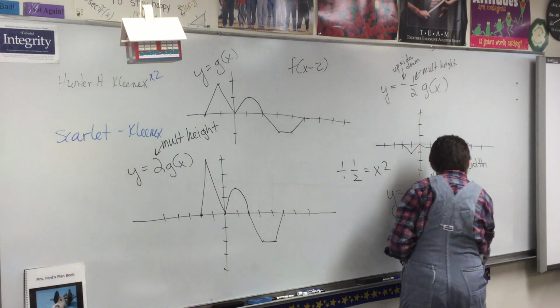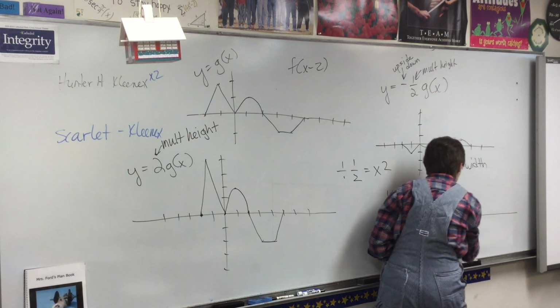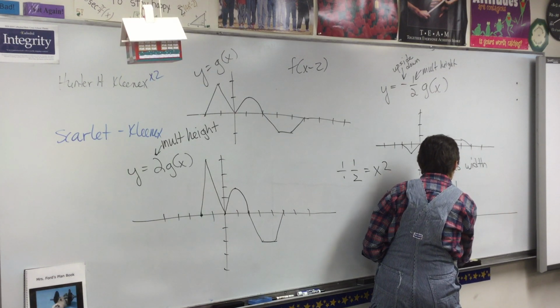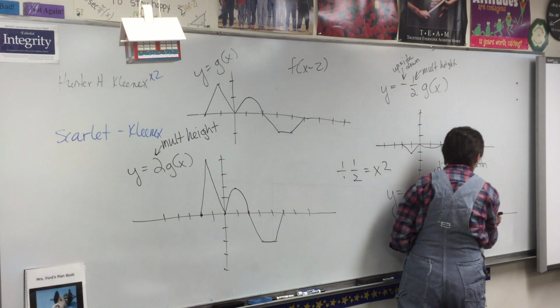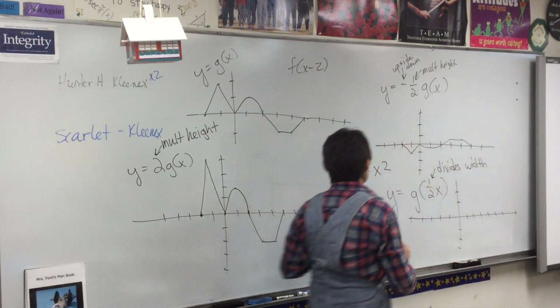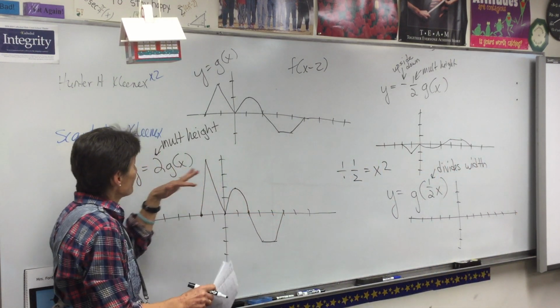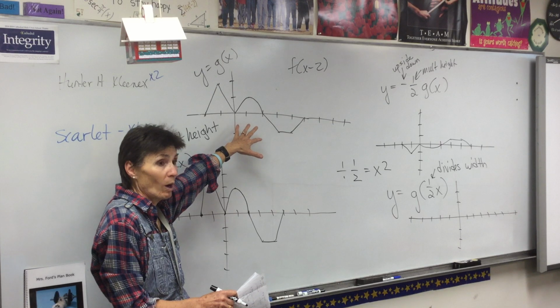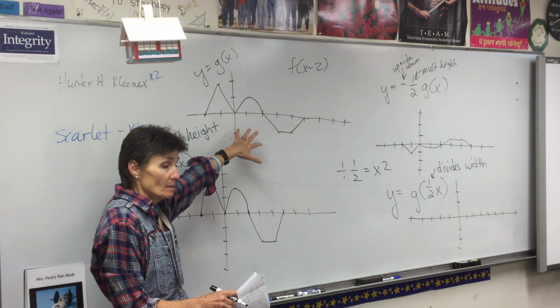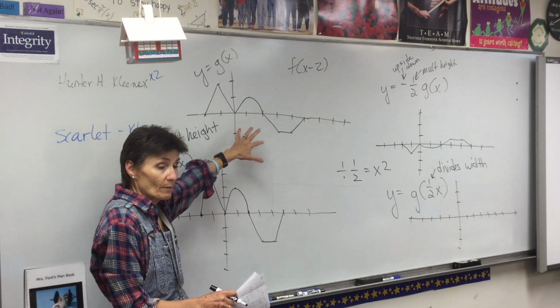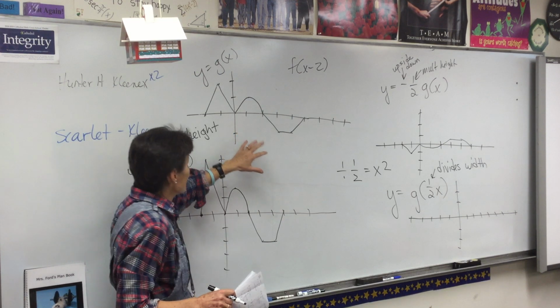So this guy is going to be twice as wide as he was originally. There's no negatives, you're not flipping. He's just going to be twice as wide. Okay? So what does that mean?